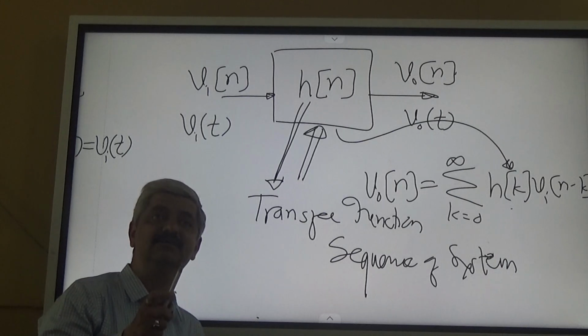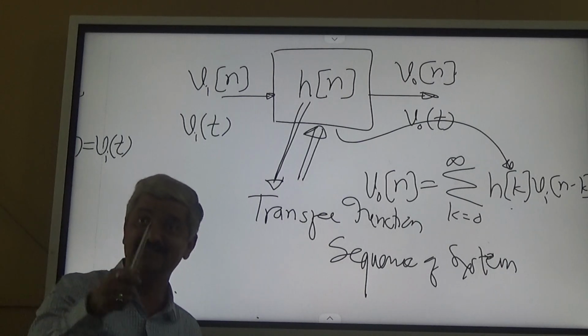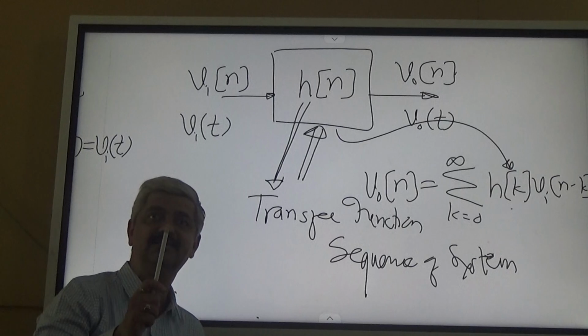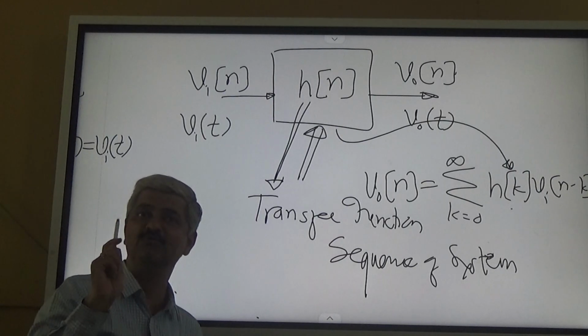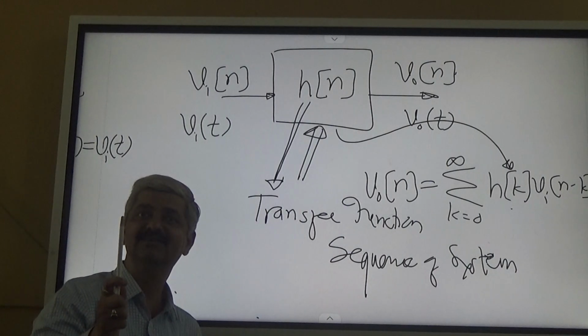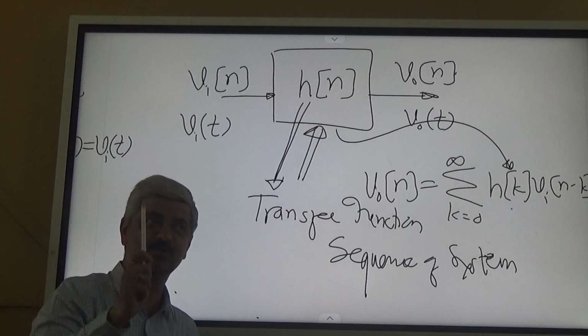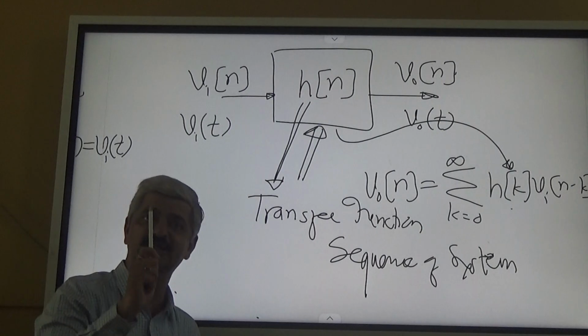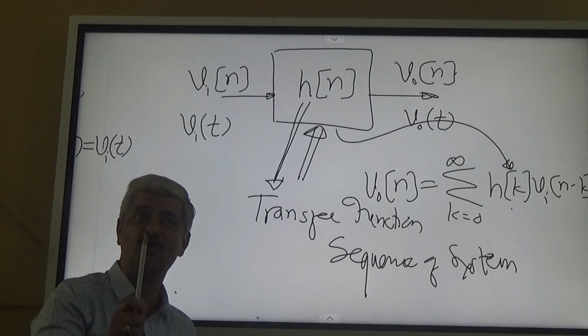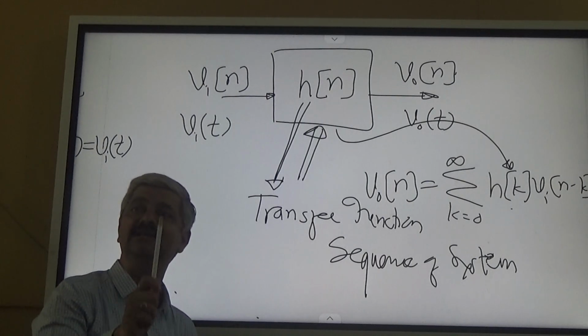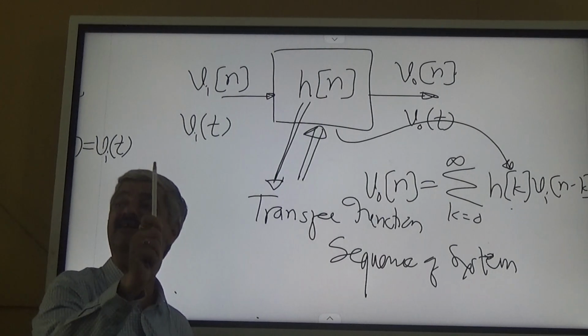Hn is the proportion with which the input which occurred n samples ago is contributing in determining the current output.